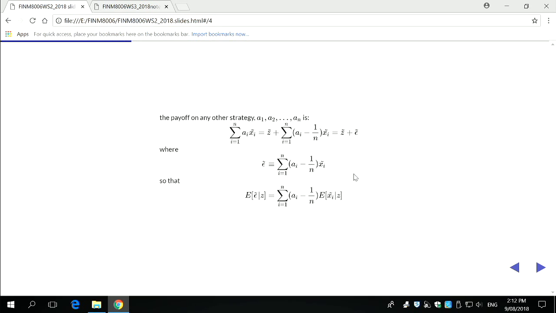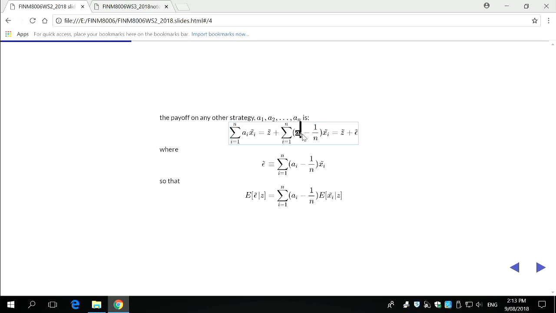So let's say you have some distribution alpha 1 to alpha n that is not 1 over n, so anything other than equal distribution. Then the total payoff, the sum of alpha i times x tilde i, can be written as z tilde, the sum of equally weighted lottery payoffs, plus the sum of (alpha i minus 1 over n) times xi tilde.